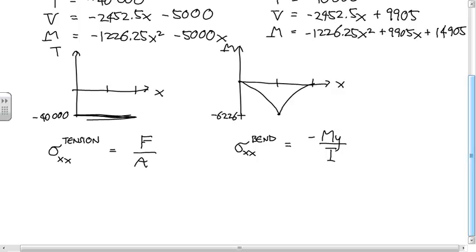So, well, let's think about that for a second. Where are our likely candidates? Well, most likely, you'd have to guess that it's going to be here, right? So guess that the max XX stress in absolute value is here.